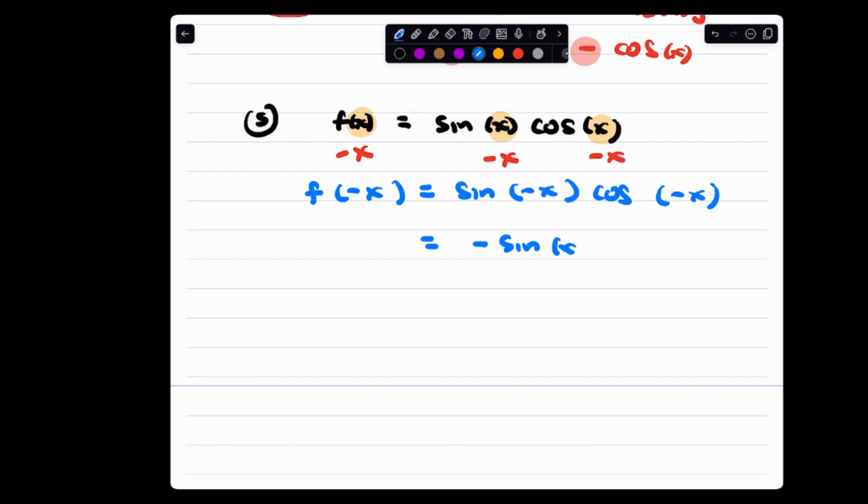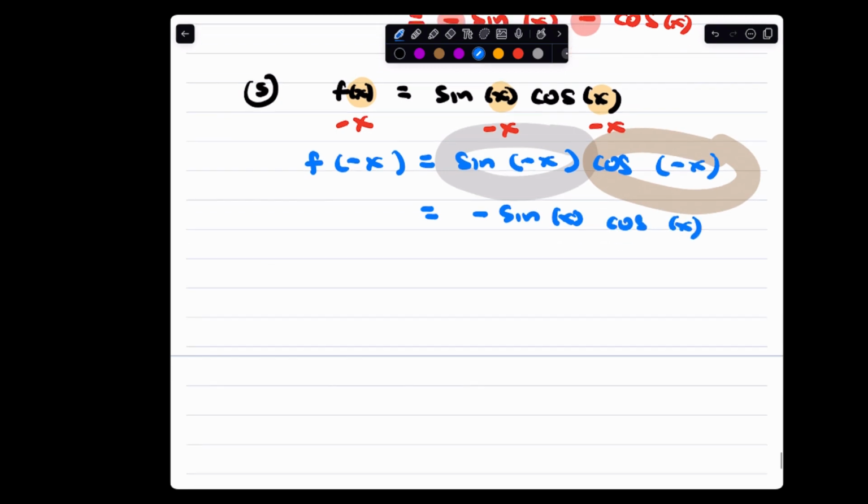Negative sine x. So we have to use the property here for sine, right? Because sine is odd. What about cosine? Cosine is what? Even. So that's just cosine x. Is that right? So what does this mean? You got negative here, and sine times cosine. Oh, that's your function. So you have negative f of x.